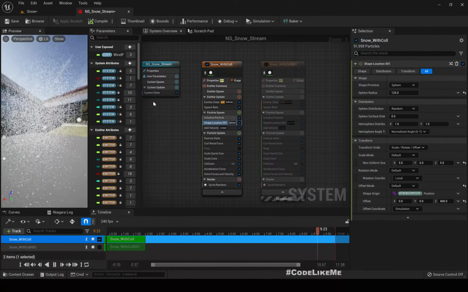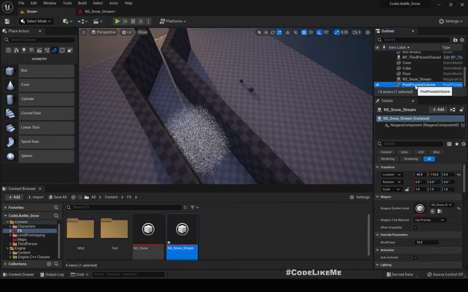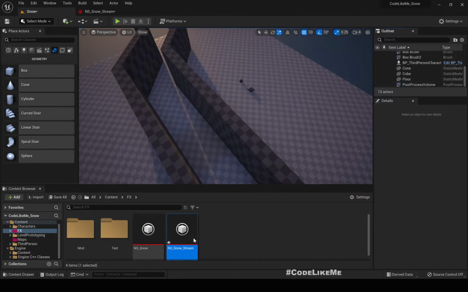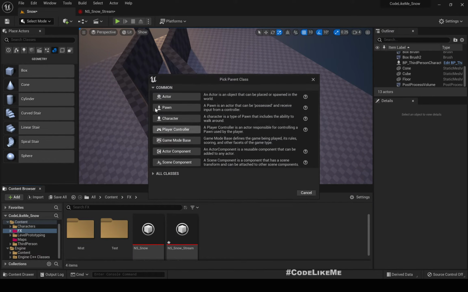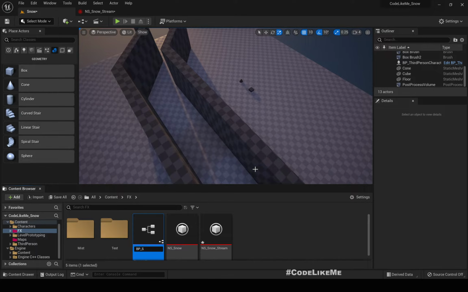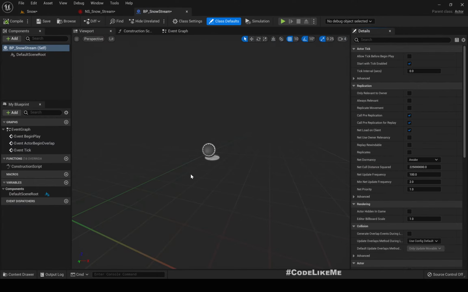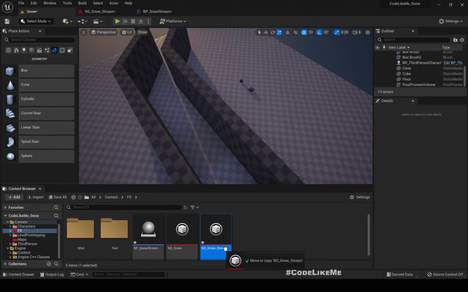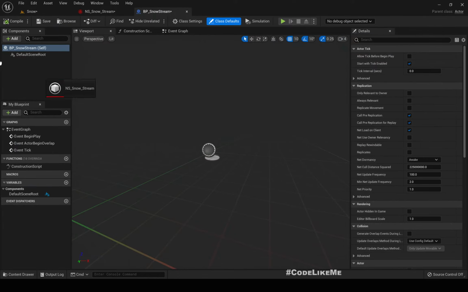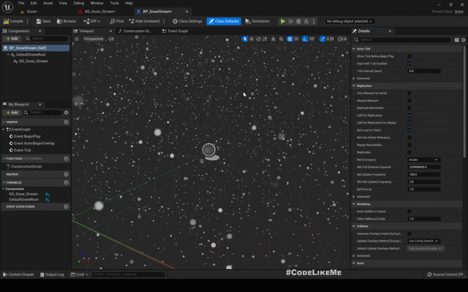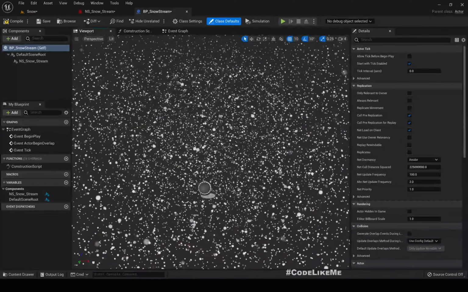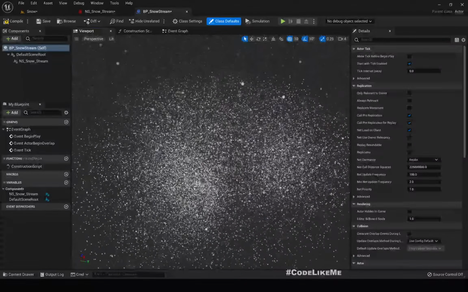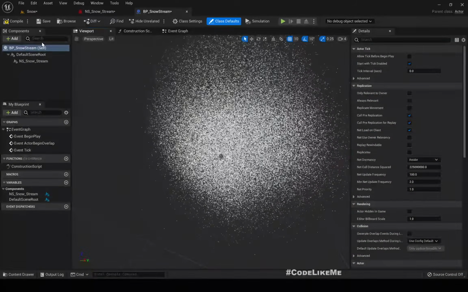I am going to remove this and add a blueprint, PP snow stream. Here I'll add this snow stream particle into this, and here I'll add a spline component.